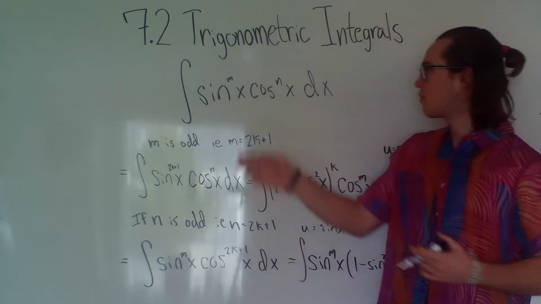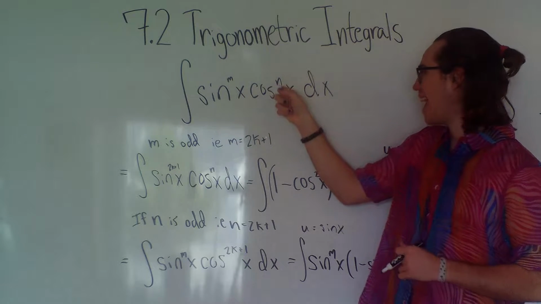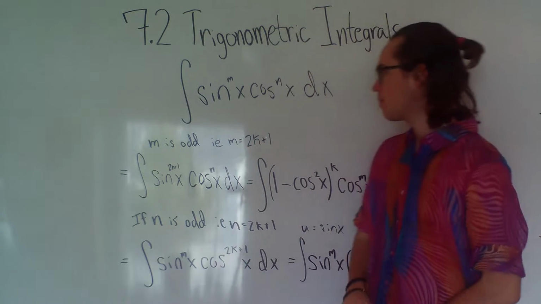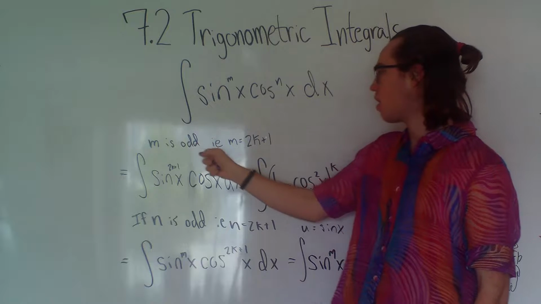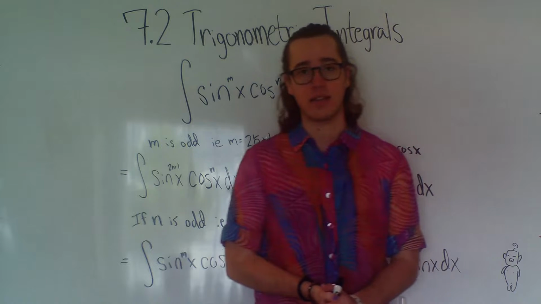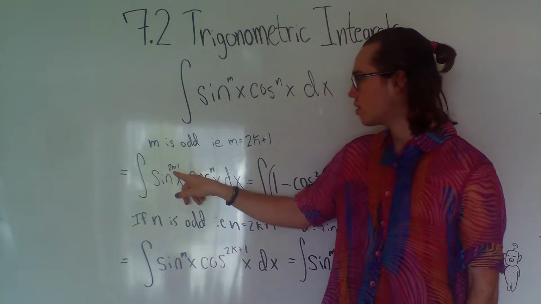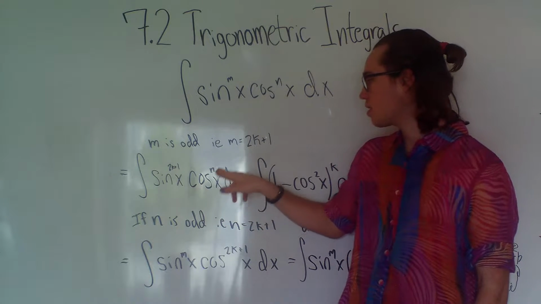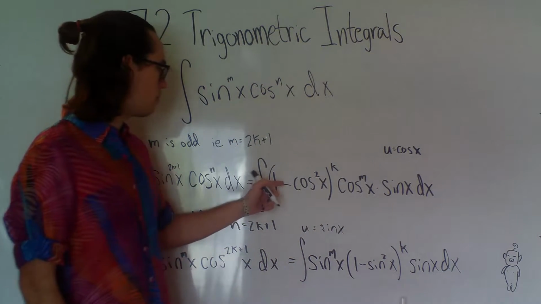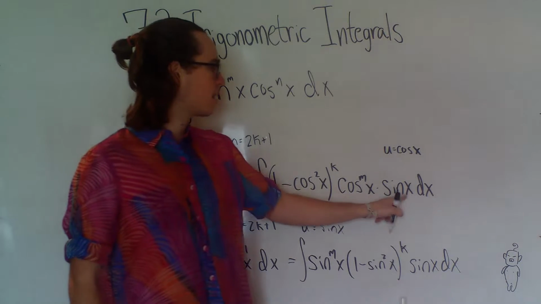So if we had the general form, the integral of sine to the mx times cosine to the nx dx, we need to know a general convention for how to do this. If m is odd, i.e. m equals 2k plus 1 for any k in Z, where k is an integer, we can rewrite this as the integral of sine to the 2k plus 1 x times cosine to the nx dx, which we can then rewrite as the integral of 1 minus cosine squared x to the k power times cosine to the nx times sine x dx.